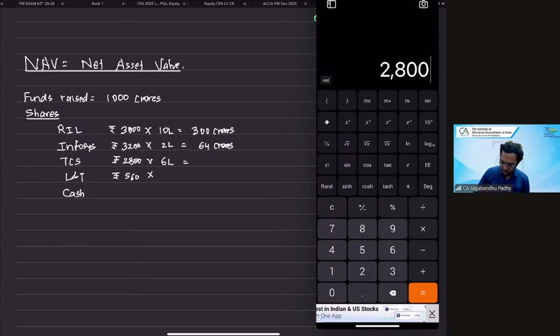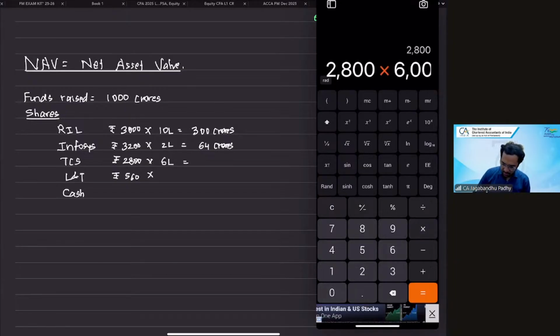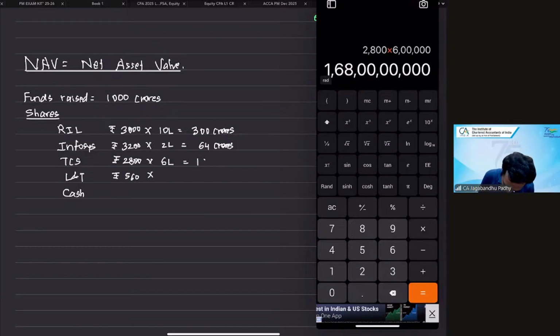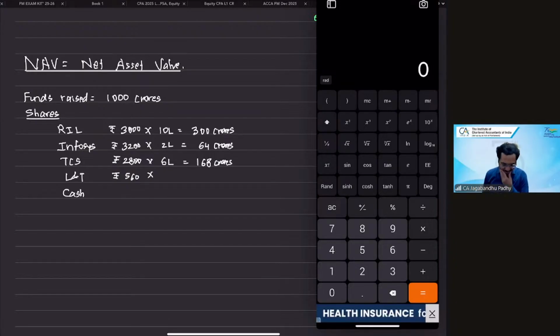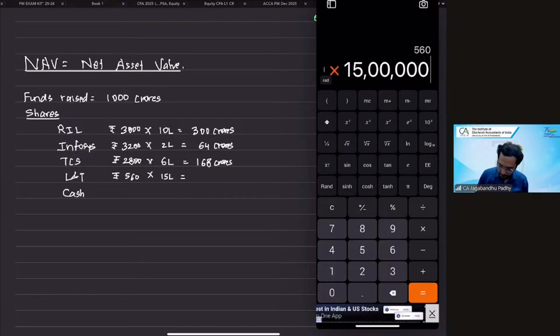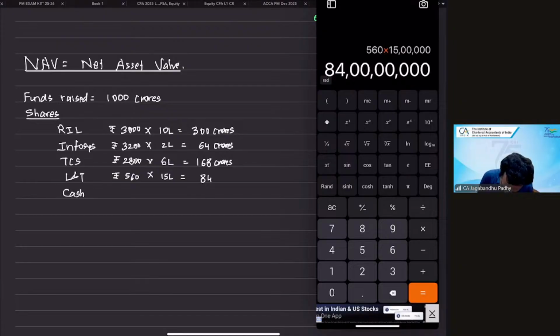So 2,800 into 6 lakh, 168 crores. And let's say at a price of 560, L&T, we have got 15 lakh shares of it. So 560 into 15 lakh, 84 crores.